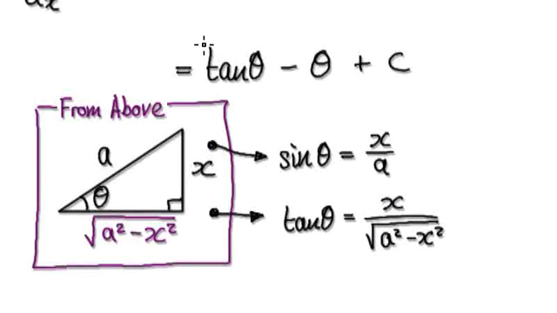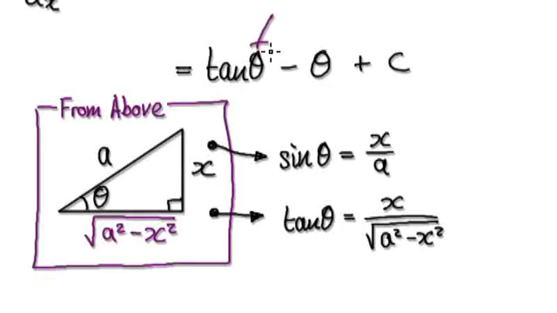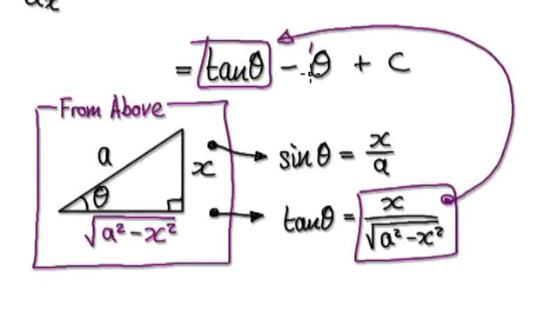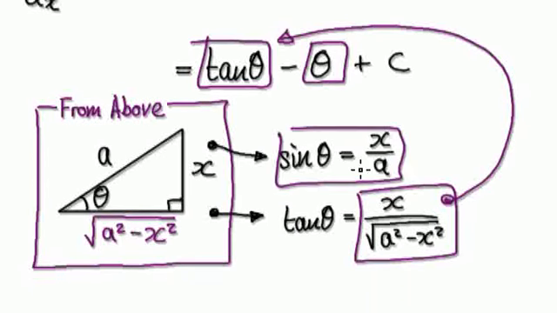So now remember, we got to this stage here. We need to find a way of translating theta back into x. So tan theta is really this thing here, so we can put this into here.